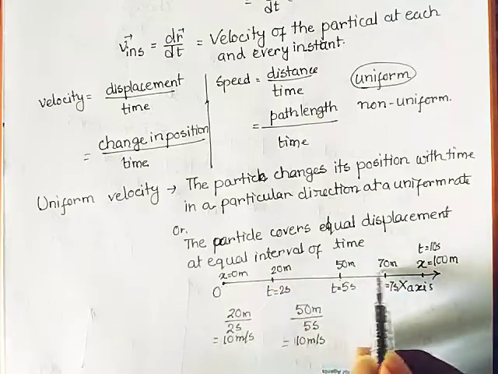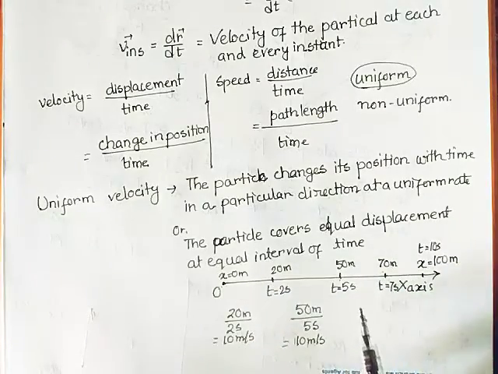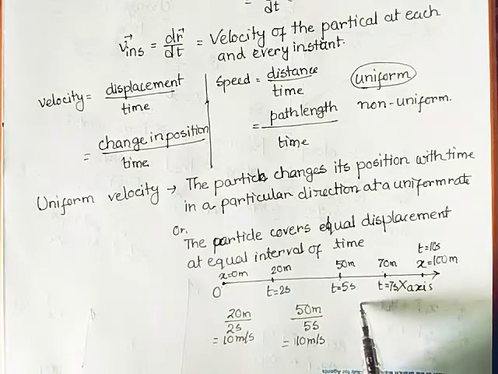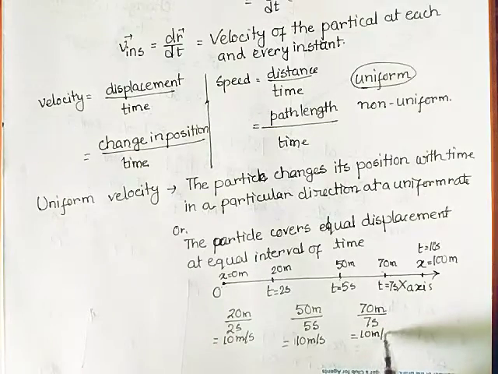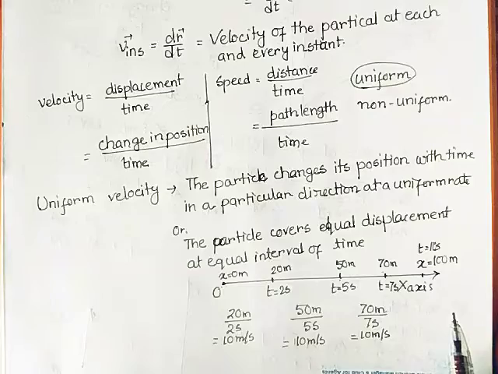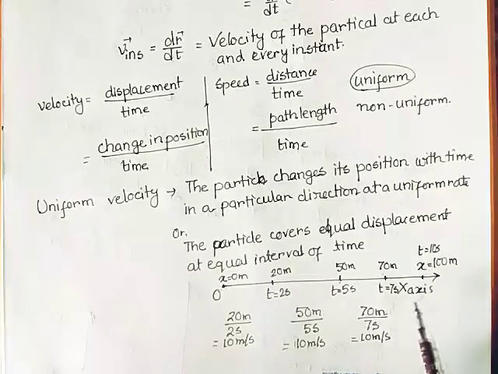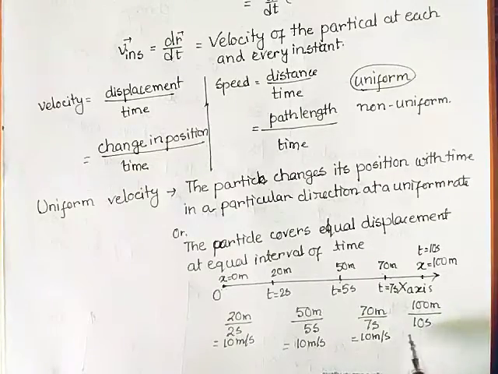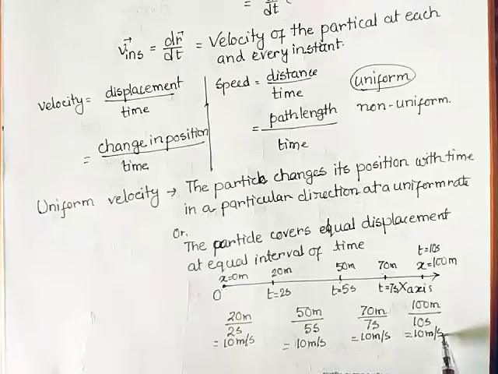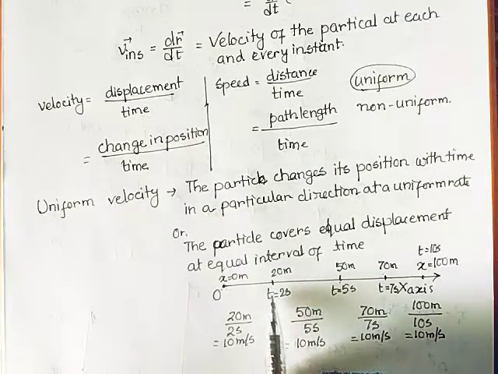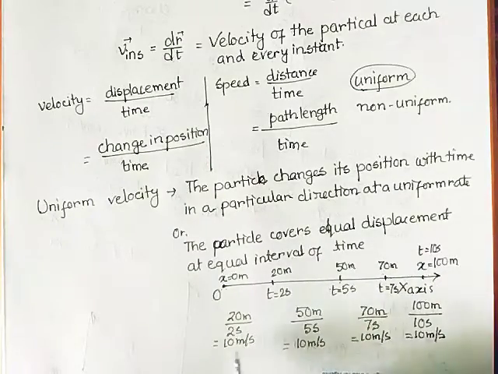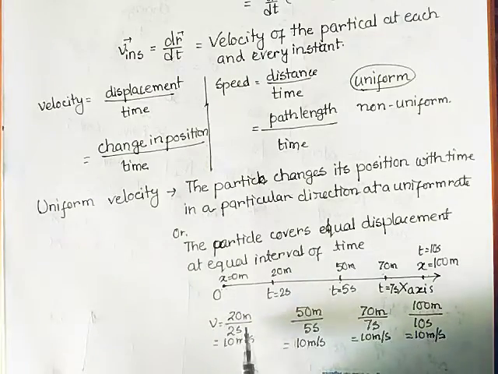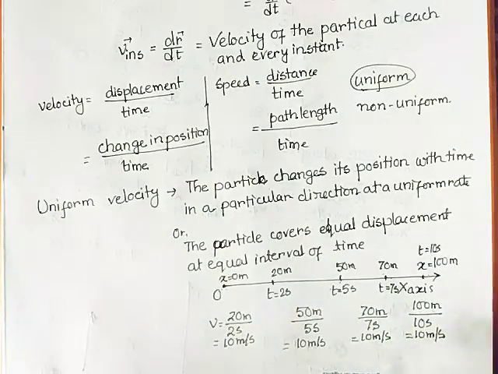For 70 meter, the time taken is 7 seconds, so it is 70 meter divided by 7 seconds, that is 10 meter per second. Reaching 100 meter, it is 100 meter divided by 10 seconds, which is 10 meter per second. So at each interval, the velocity is 10 meter per second.